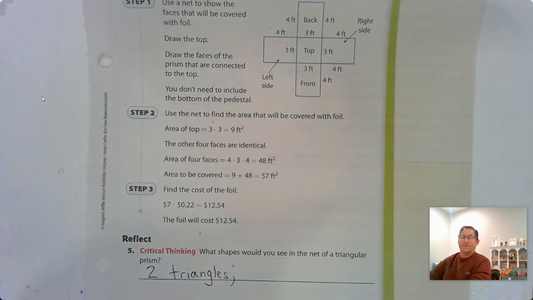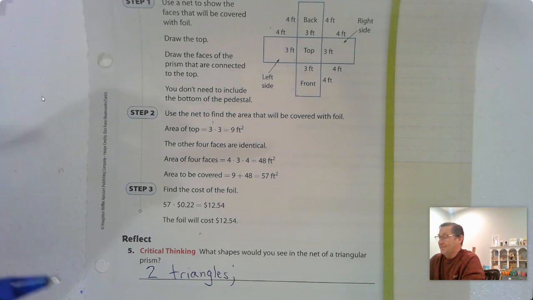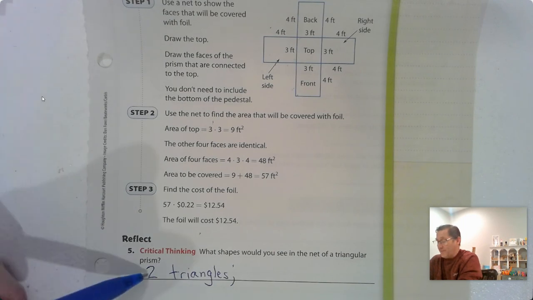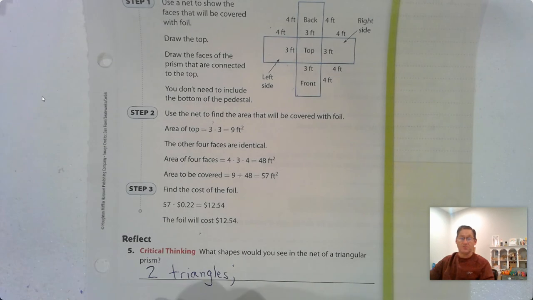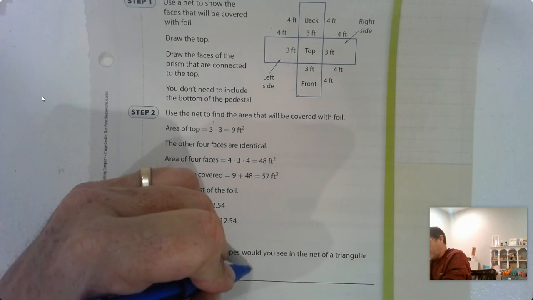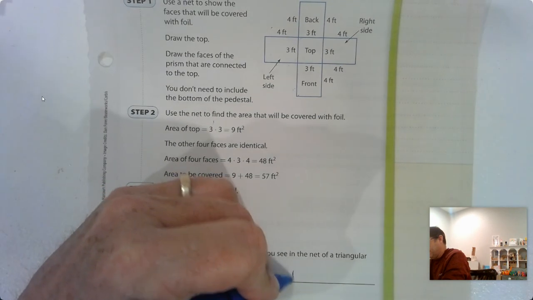And earlier on the page it says that in this book, all the prisms are considered right prisms, which means that the non-base faces are rectangles. So if there's 2 triangles, there's 3 sides, right? So I have to have 3 rectangles.